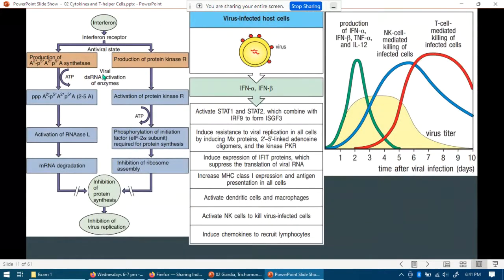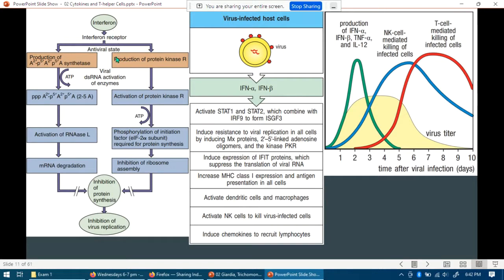And here we have three figures that I wanted to show you. Interferons acting on their receptor will induce an antiviral state in a cell. And that happens through two major mechanisms. A protein called synthetase will cause the production of a really weird RNA molecule that is recognized by RNase L to activate RNase L. And RNase L then goes crazy degrading RNA molecules in the cell, leading to decreased protein synthesis by that cell, and therefore inhibition of viral replication.